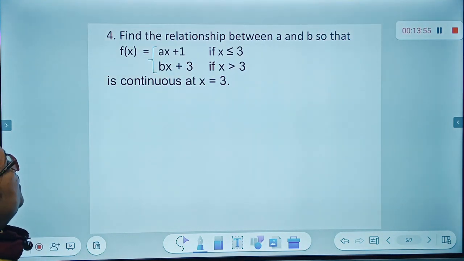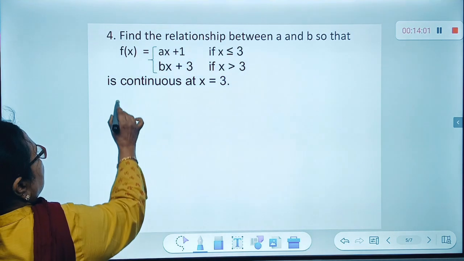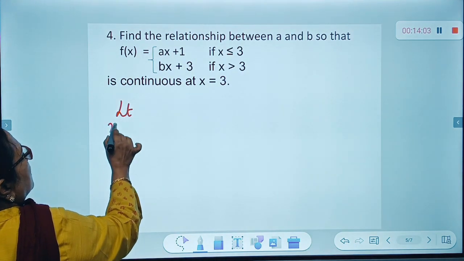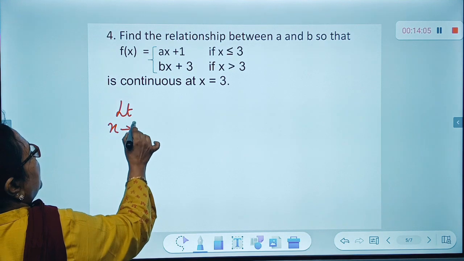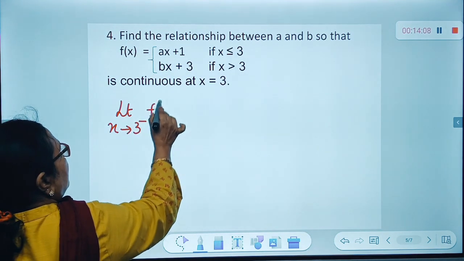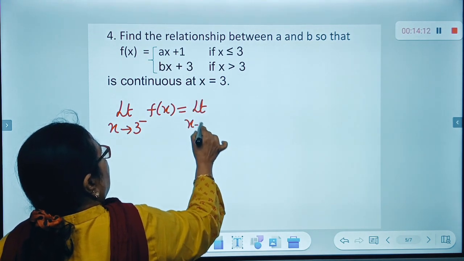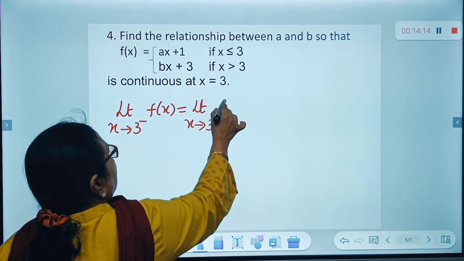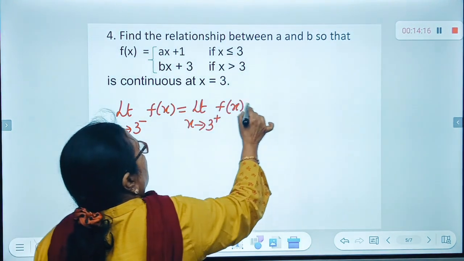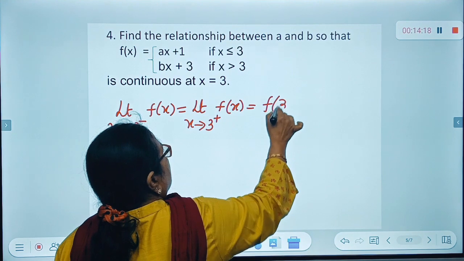Find the relationship between a and b so that f of x is continuous at x equal to 3. It is given to be continuous. So limit x tends to 3 minus of f of x is equal to limit x tending to 3 plus of f of x equal to f of 3.